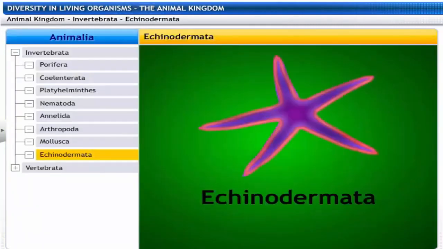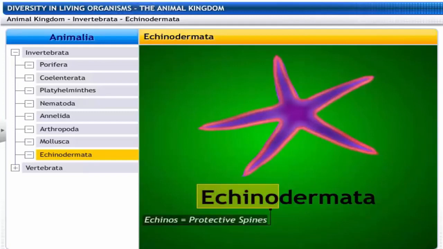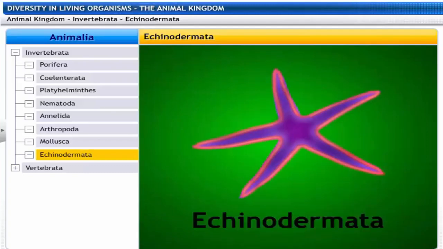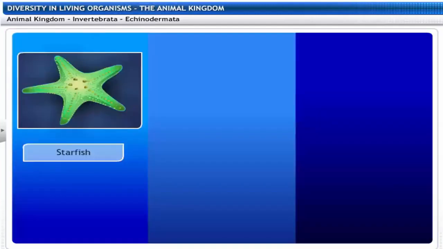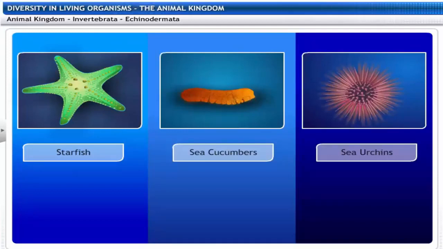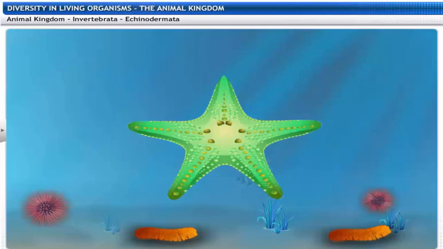Echinodermata are spiny-skinned organisms and get their name from the Greek words echinos, meaning protective spines, and derma, meaning skin. The phylum Echinodermata includes starfish, sea cucumbers, and sea urchins. Echinoderms are exclusively free-living, and they are marine animals.